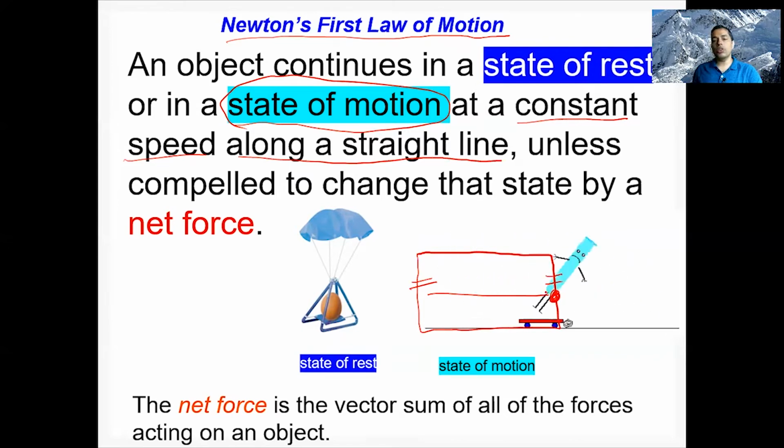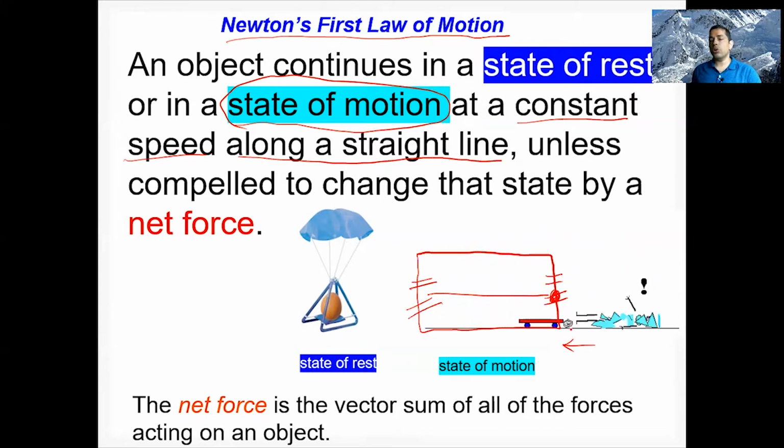According to Newton's first law, an object continues in the state of motion at a constant speed along a straight line, meaning from here to here. But what happens right at this point? Right at this point, there is an obstruction to the path, so this creates an opposing force here.